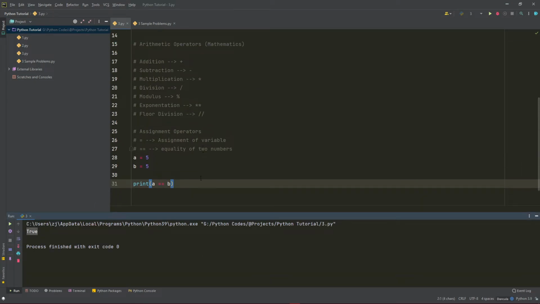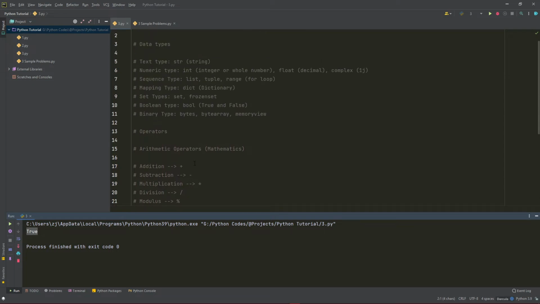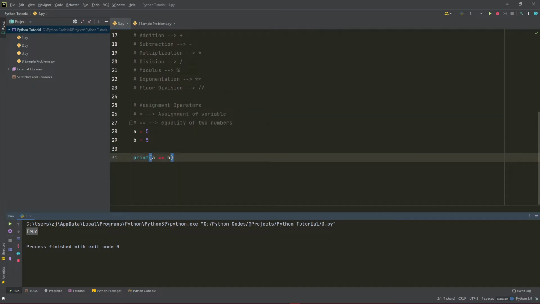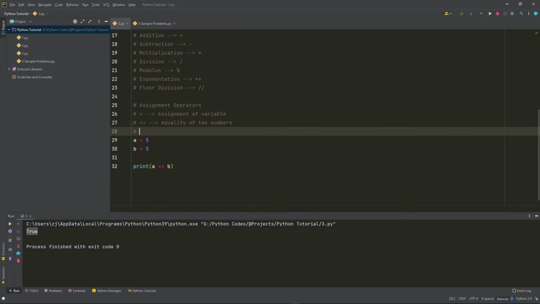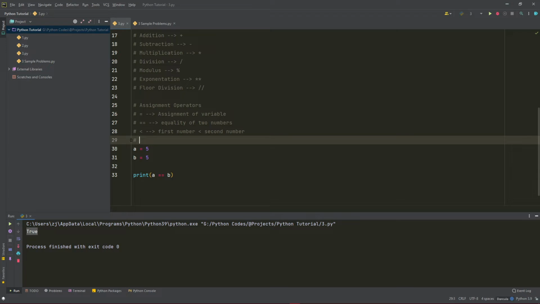So this is the relationship between the Boolean and the operator, basically for checking the equality of two numbers. We also have the less than, which checks if the first number is less than the second number, and greater than, where the first number is greater than the second number.